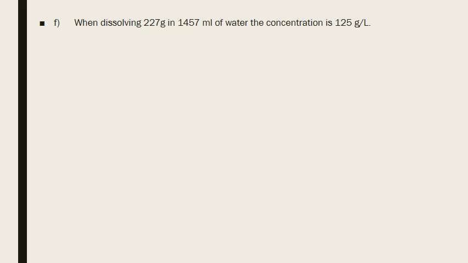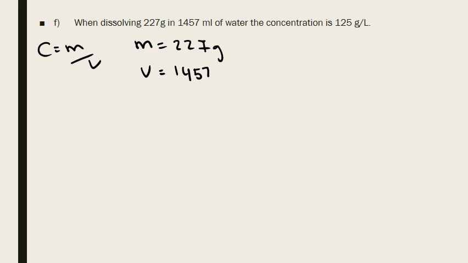F says when dissolving 227 grams in 1457 ml of water, the concentration is 125 gram per liters. Now it says concentration, so we know concentration equals mass divided by volume. We know that the mass is 227 grams and the volume is 1457 mls.